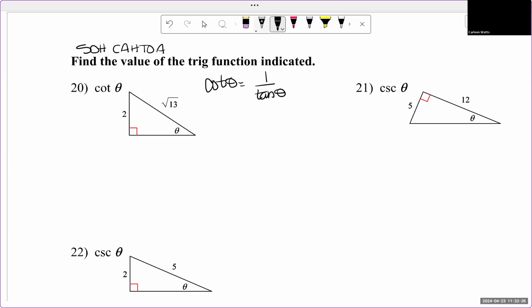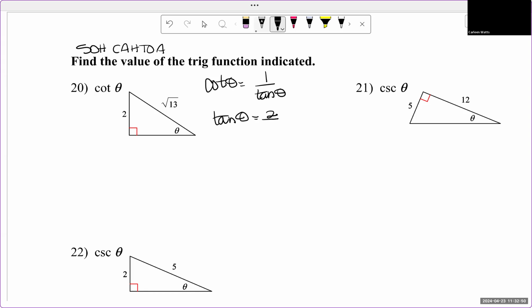Okay, so tangent of theta is, oh no, opposite over adjacent. I don't have the adjacent. What shall I do?